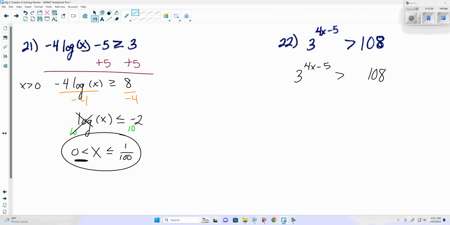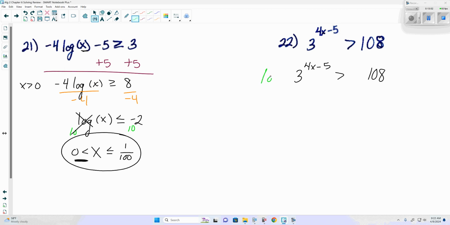If it had been 3 times 3 to the 4x minus 5, then we would divide by 3. But for the most part, especially with 3, if the base of it is a number like this one here, we're not going to have much with it. I don't know why, it's just not common to have a number like 3 times this here. The only time we really see that is with e.